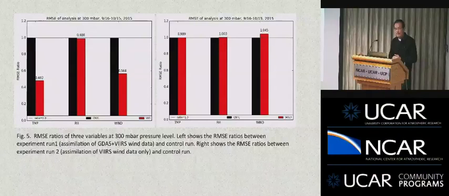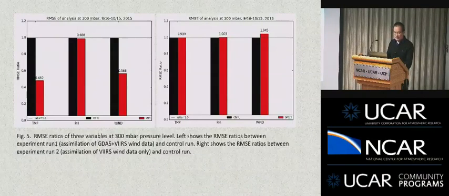So this is the result of the RMSE. Here I show you the ratio of RMSE of the 2 different experiments. On your left is the RMSE ratio of experiment 1. The right one is experiment 2.